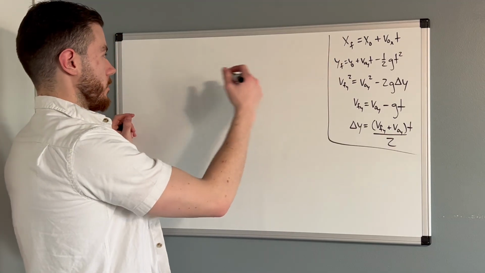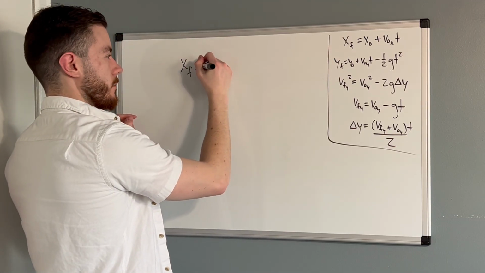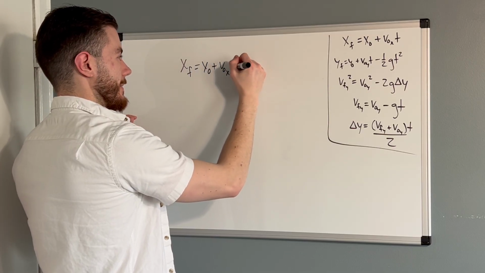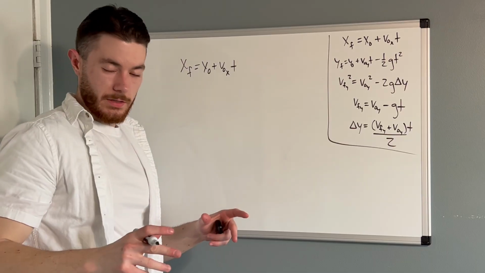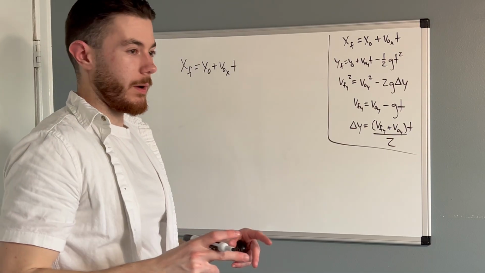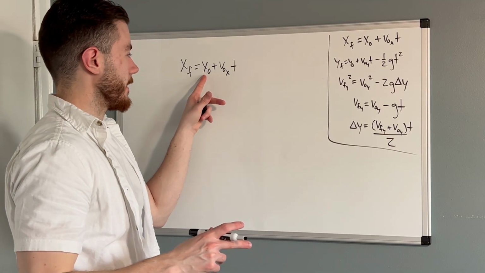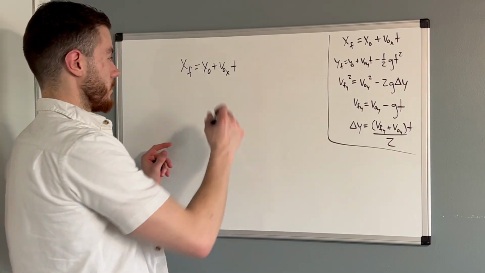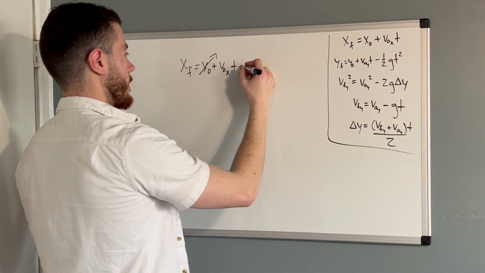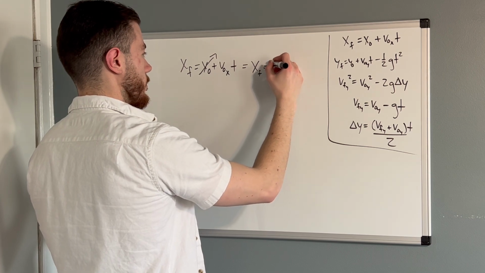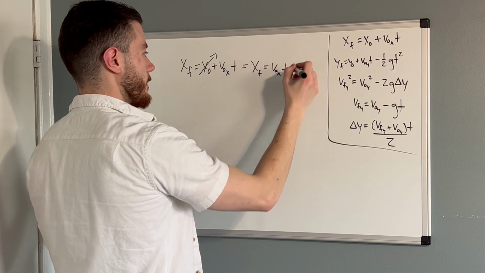the horizontal equation. xf is equal to x naught plus v naught x t. If we select the origin of our coordinate system properly, you can always make x naught and y naught 0. So let's just assume that we did that, and we get the final position in x is equal to v naught x t.